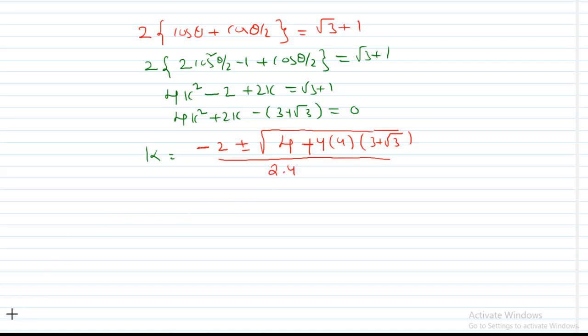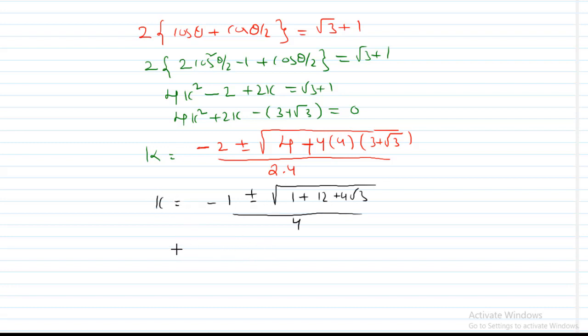Now I want to simplify this: minus 1 plus or minus root over 1 plus 12 plus 4 root 3, by 4. I think understood. I took 4 common and I cancelled 2.